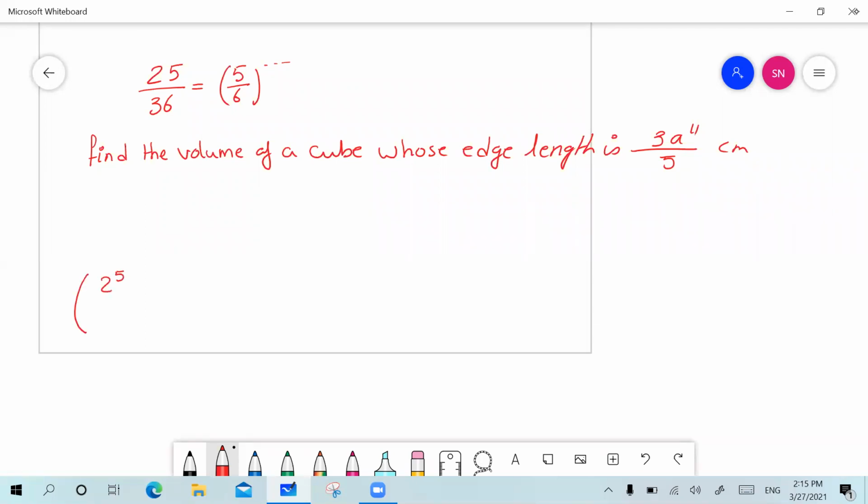Two to the power of 5 times 3 to the power of 2 over 3 to the power of 4 times 2 to the power of 3, all raised to the power of negative 1.